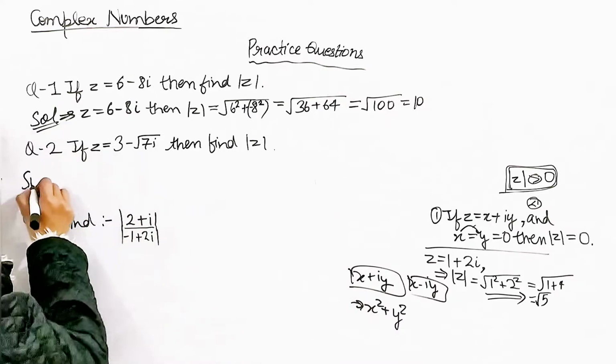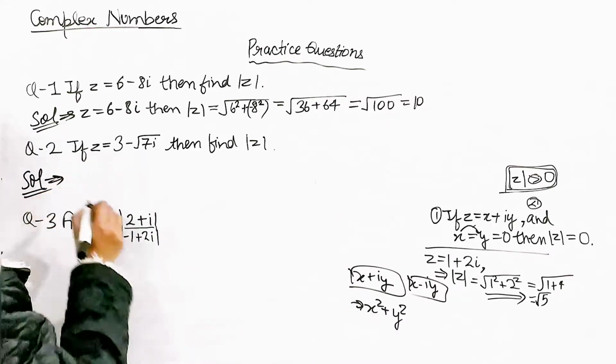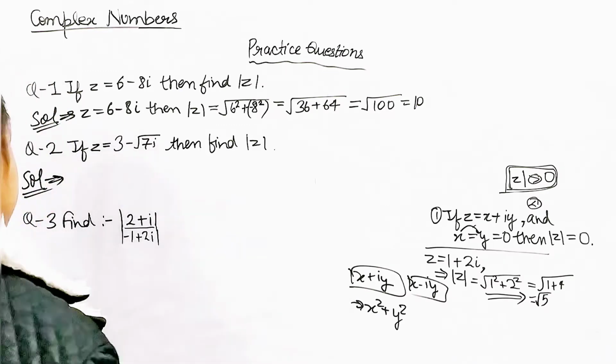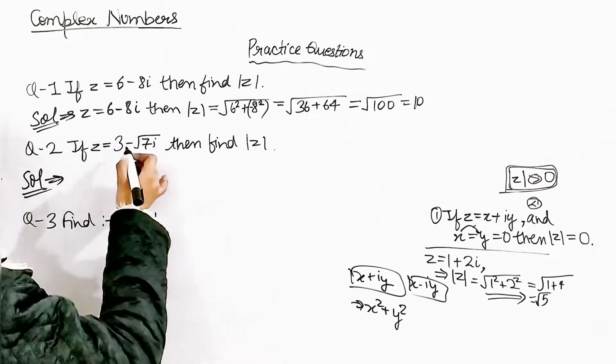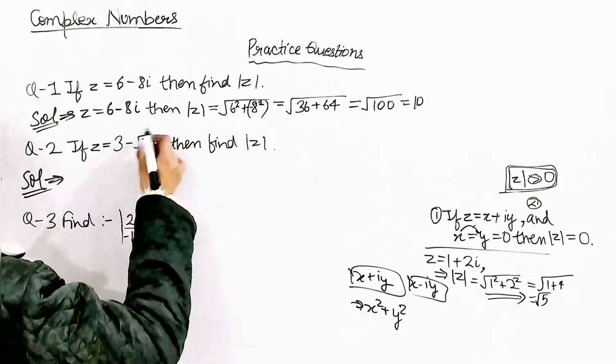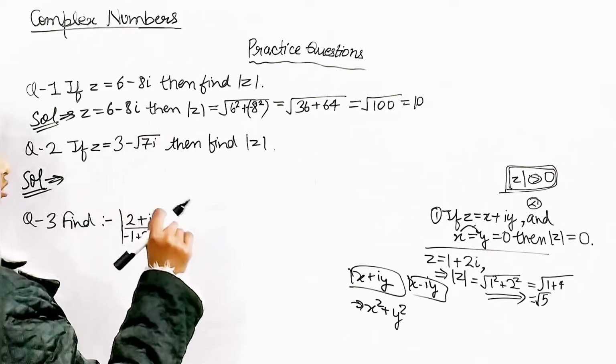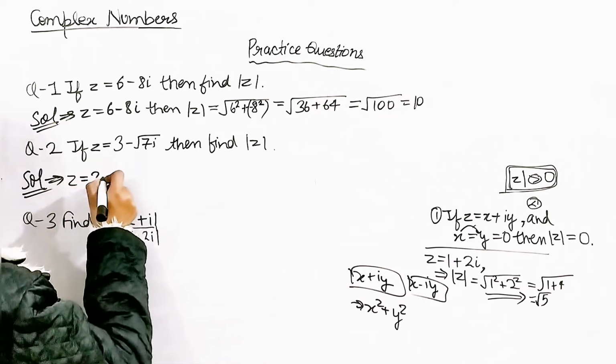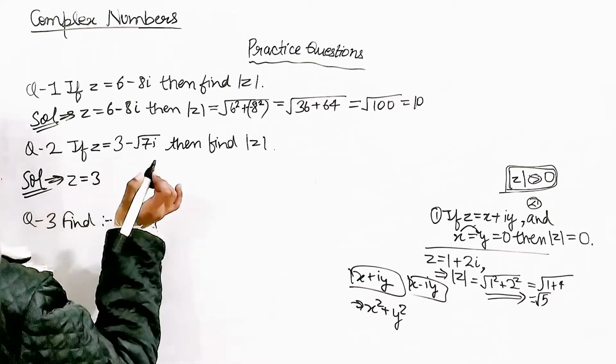So let's solve this second question. All these questions are really easy, so why don't we just solve them fast? So z is equal to 3 minus root 7 iota. We can see here we have a root 7 iota, that doesn't even matter. Minus is again there.